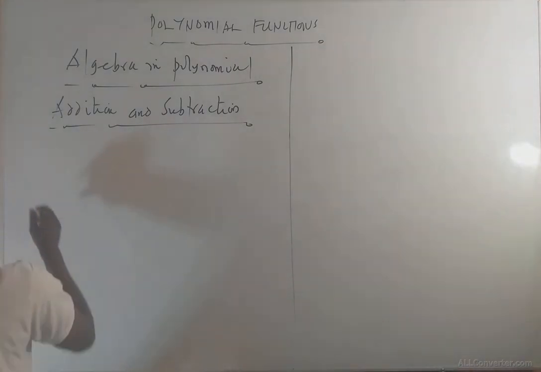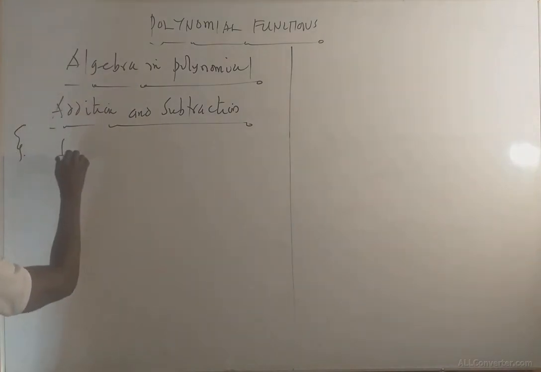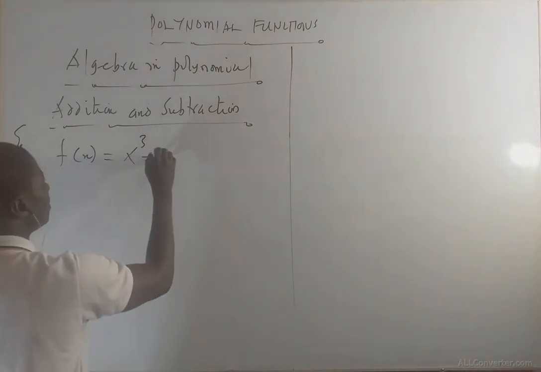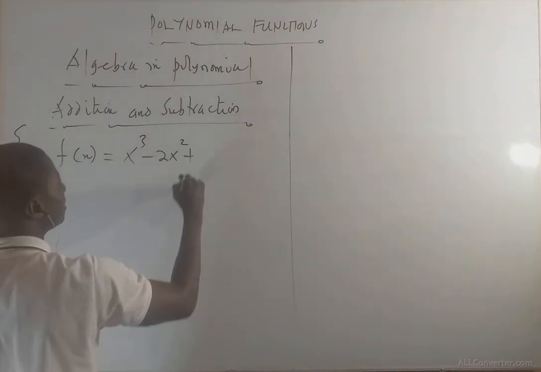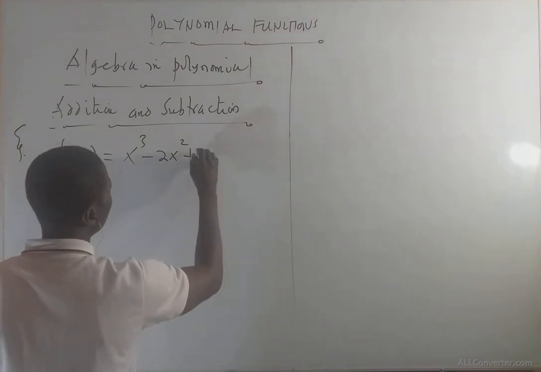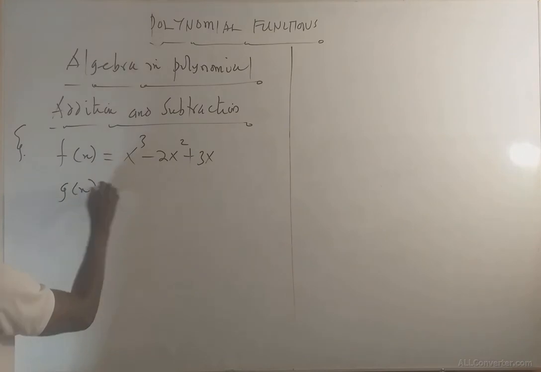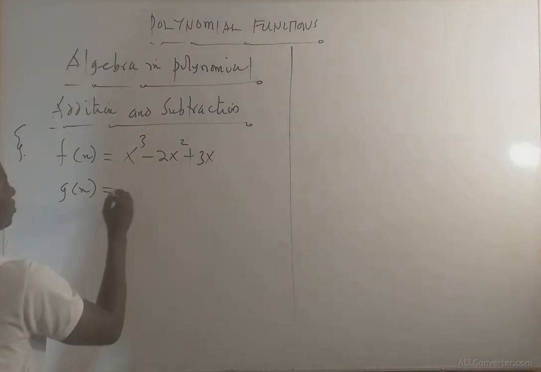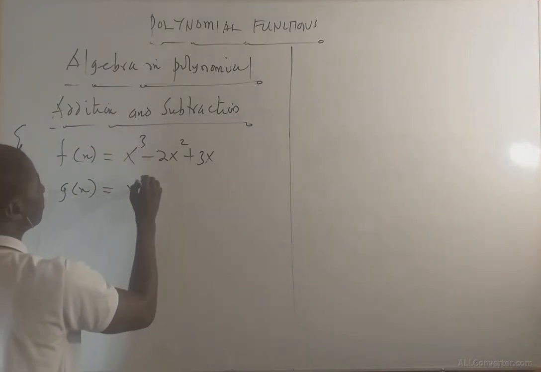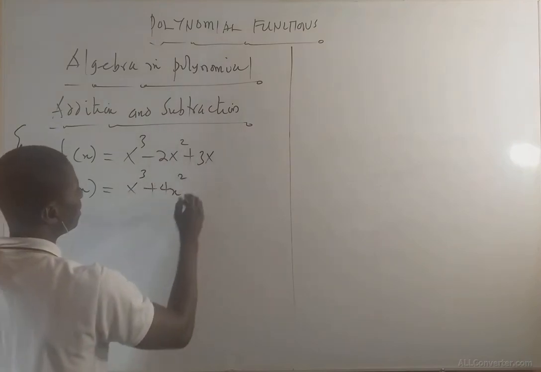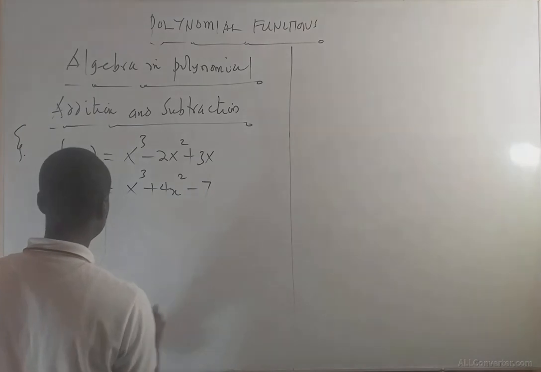Now let's assume that we have these two polynomial functions, f of x equals x cubed minus 2x squared plus 3x, then g of x is equal to x cubed plus 4x squared minus 7.